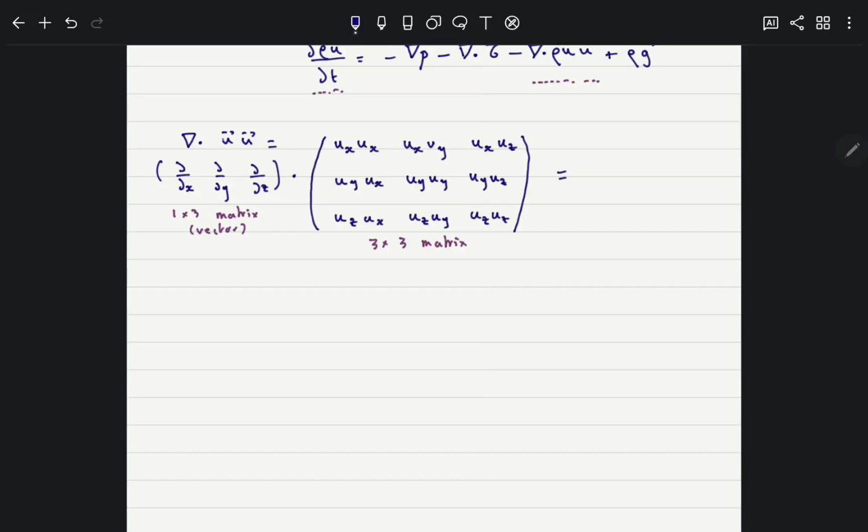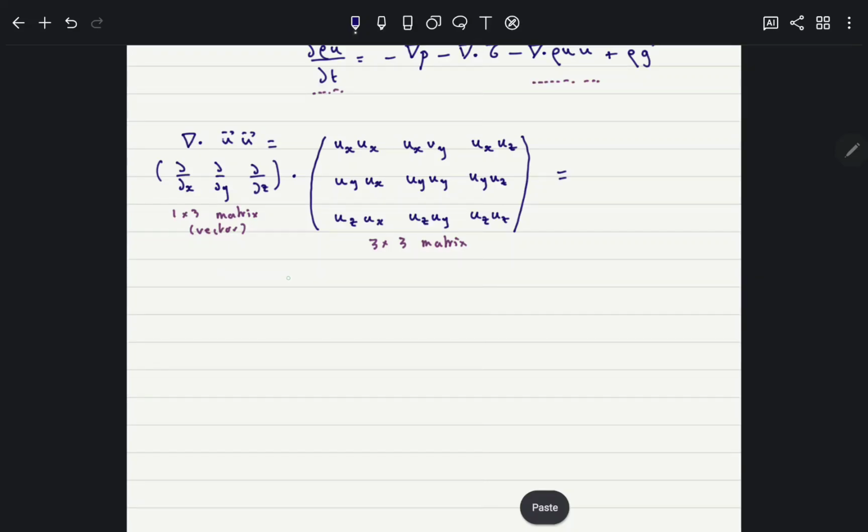So what are going to be the different components of that column vector? Well, we apply the partial derivative term d over dx to ux ux, and you add it to d over dy ux uy, and add d over dz ux uz.